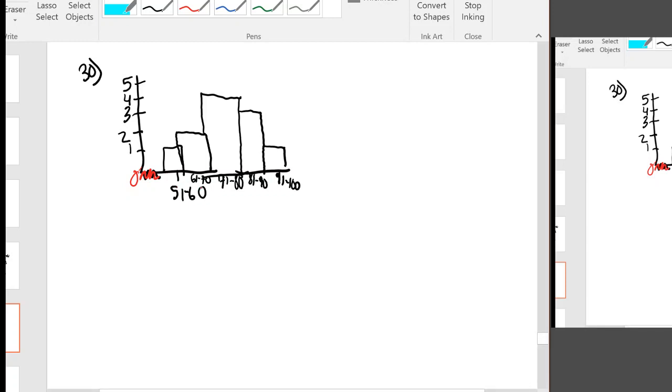So let's go through this. The exam scores were 51 to 60, and this side is exam scores, and this side is number of students.